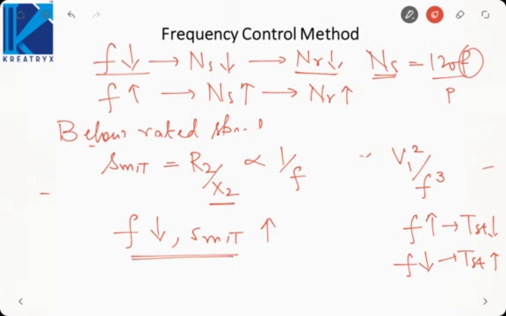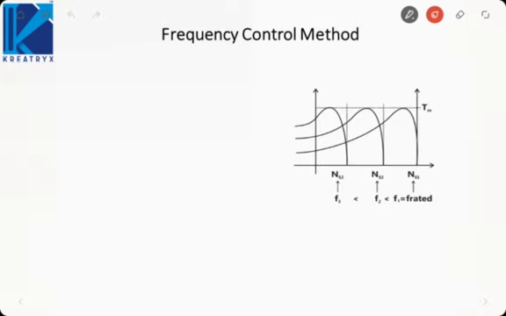Now let us look at the characteristics as the frequency is varied. Here we have maintained constant maximum torque, and as we reduce the frequency, the synchronous speed goes on reducing. Here F3 is less than F2, which is less than F1.